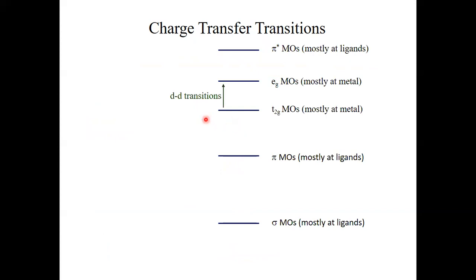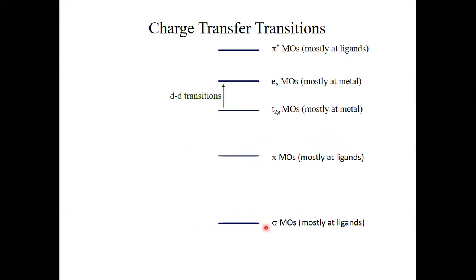transitions. So here's a very simplified generic molecular orbital diagram of a complex, which is assumed to be octahedral here. Certainly we would have the t2g and the eg molecular orbitals to consider, and we could have d-d transitions in between them. But below these, we can have pi molecular orbitals, which are mostly at the ligands, coming from pi donor interactions between the metal and the ligand.